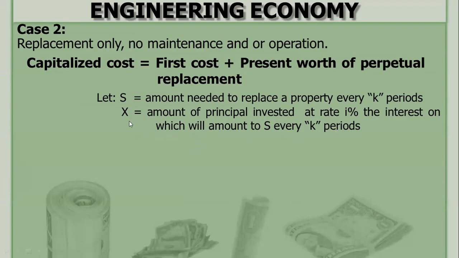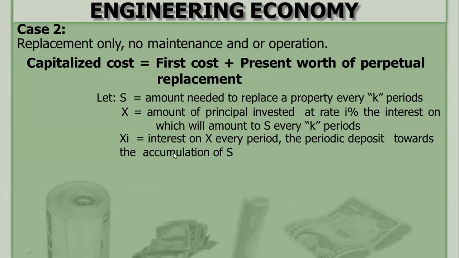So you invest X. The interest on which, the interest is I% of X or simply XI. The interest will amount to S, meaning the future worth of all the interest will be equal to S.